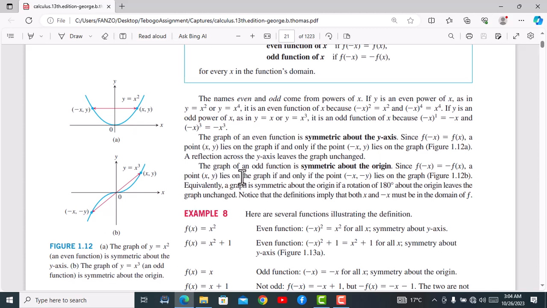Equivalently, a graph is symmetric about the origin if a rotation of 180 degrees about the origin leaves the graph unchanged. Very, very important.